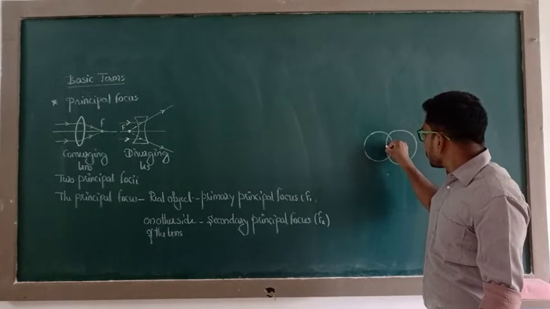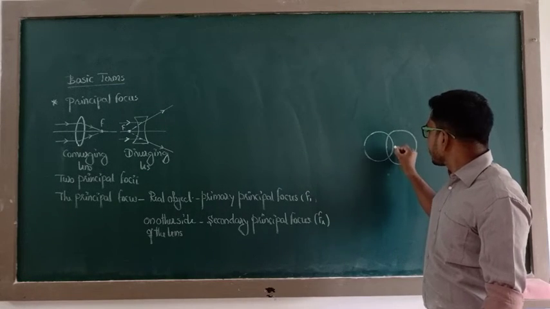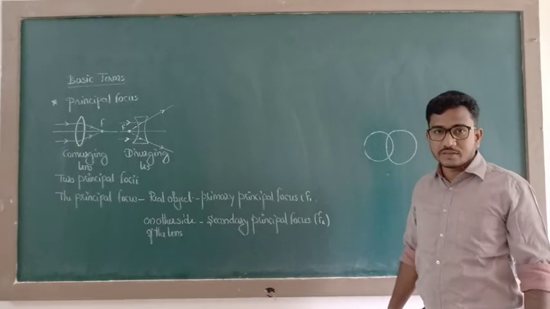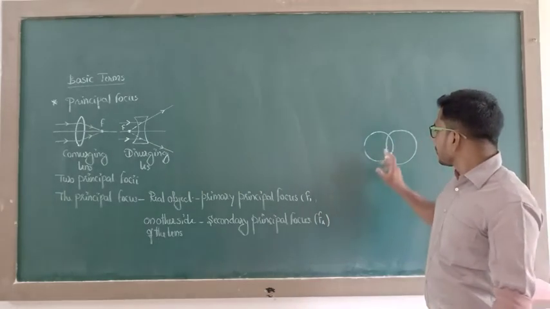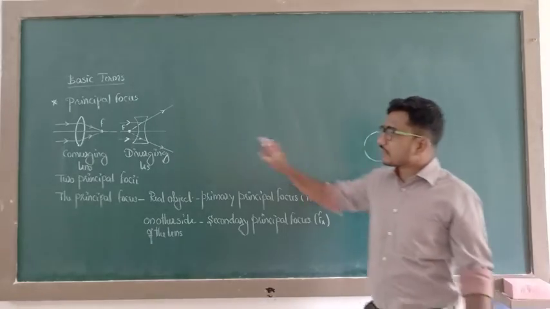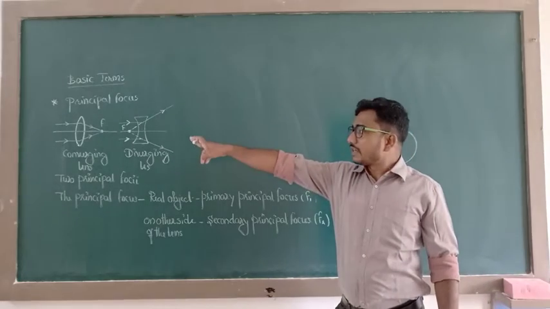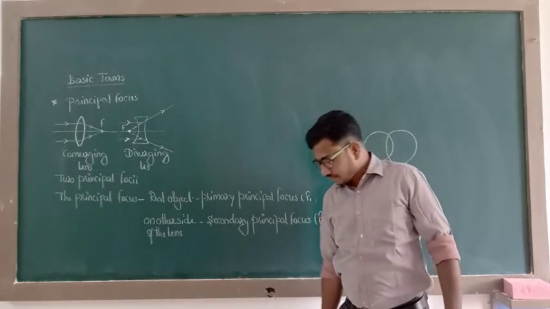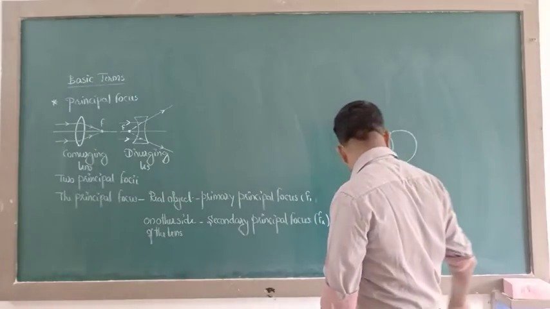Radius of curvature of this spherical surface is known as R1, and on the other side of the lens it is known as R2, just like F1 and F2.